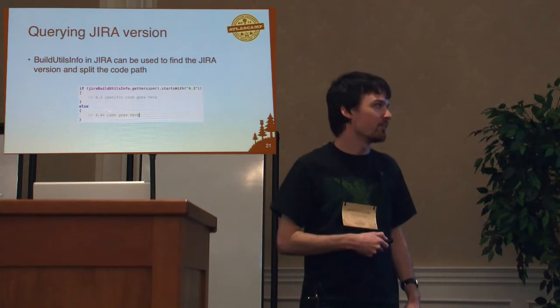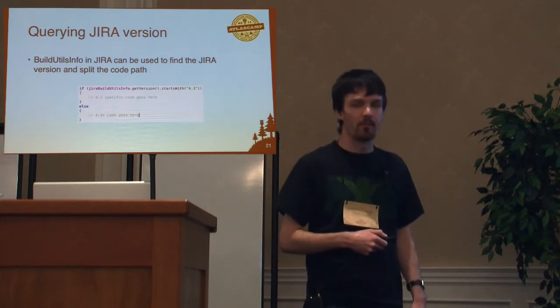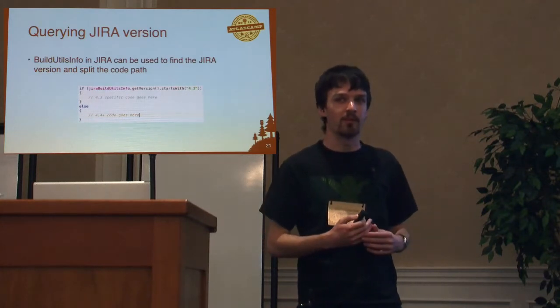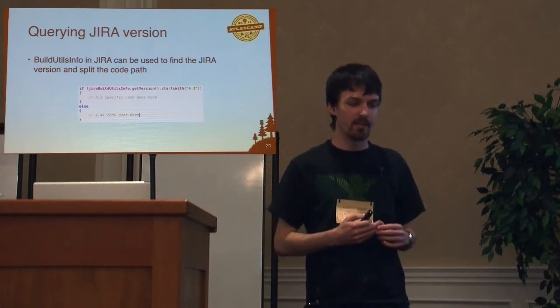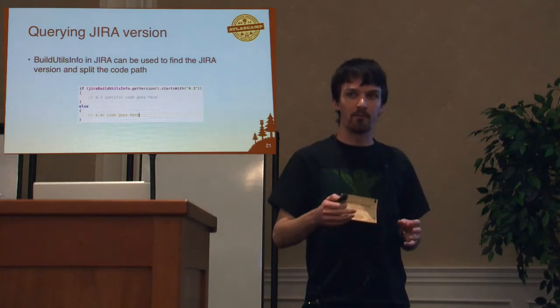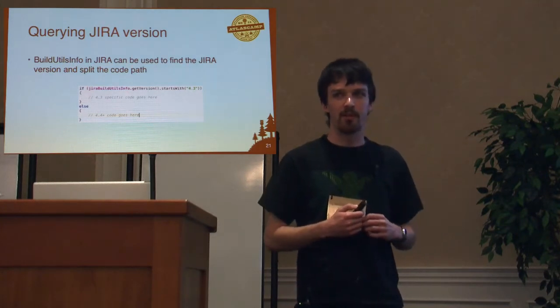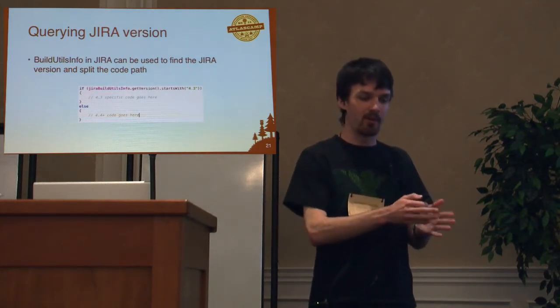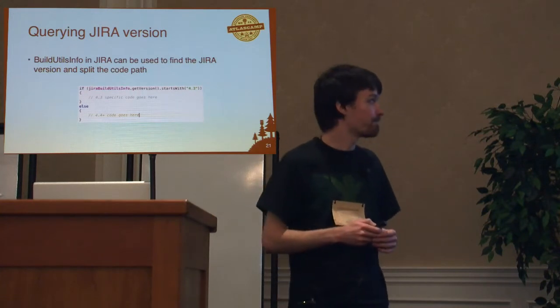Otherwise, anything beyond 4.3 goes in the bottom block. This is used within Bonfire to handle the changes in the custom fields API between 4.3 and 4.4, with the new custom fields API having separate IDs and names for custom fields.